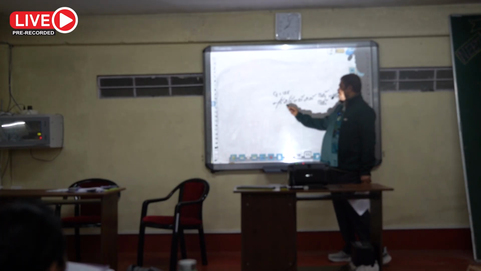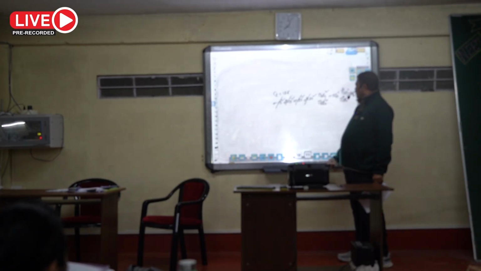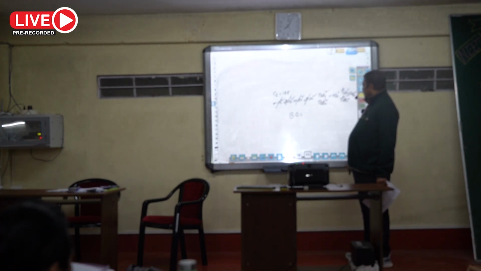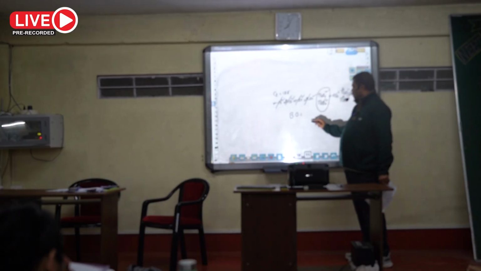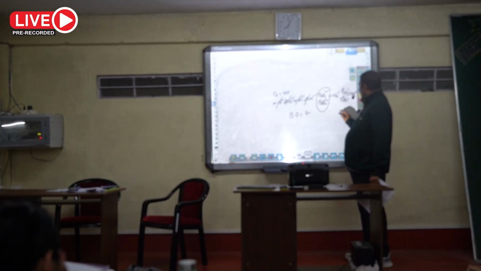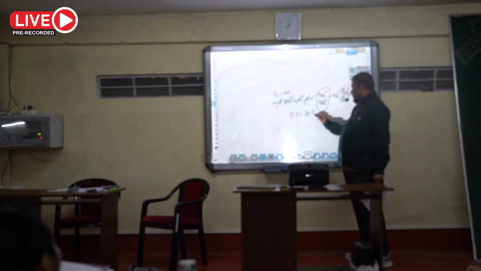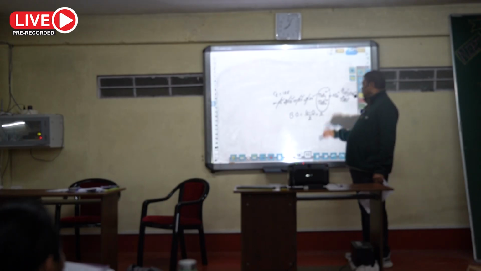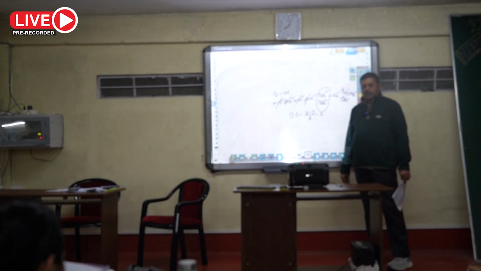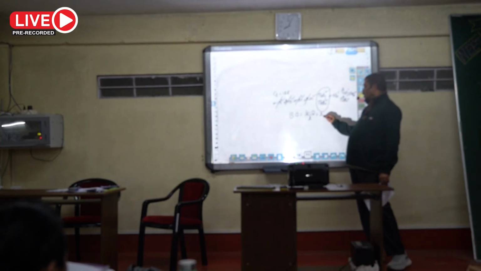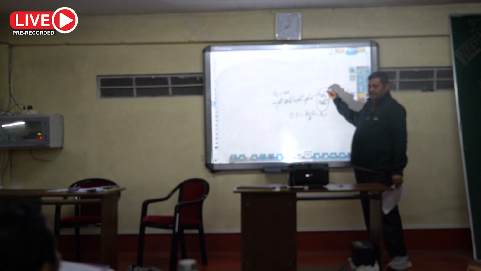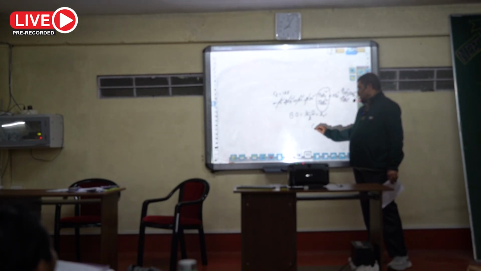So if we cancel this and this, the bond order is equal to number of bonding electrons 4 minus number of anti-bonding electrons 0, by 2. So the C2 molecule will have a bond order of 2, meaning 2 bonds. Both the bonds are formed by pi molecular orbitals. That's why both are pi bonds.